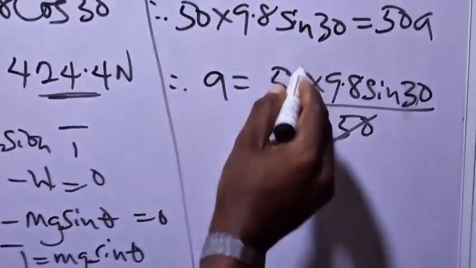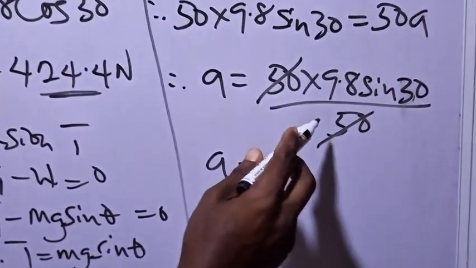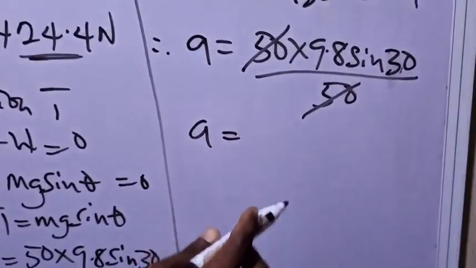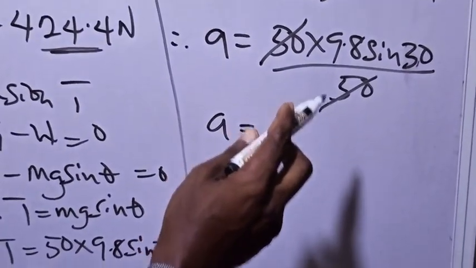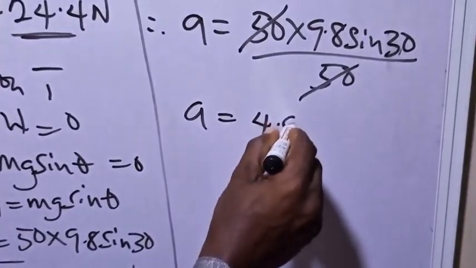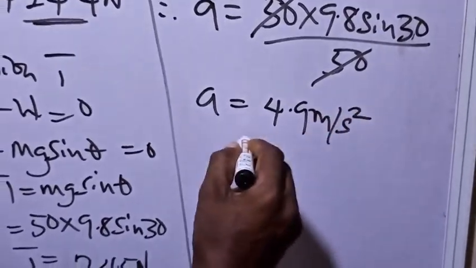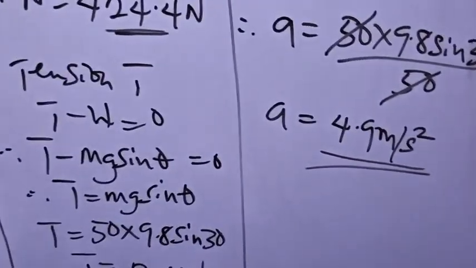Now this 50 will cancel this 50, to have acceleration equal to, if we multiply 9.8 by sine 30, we will have 4.9 meter per second squared as the acceleration.